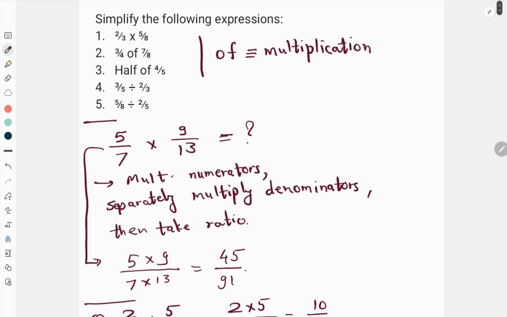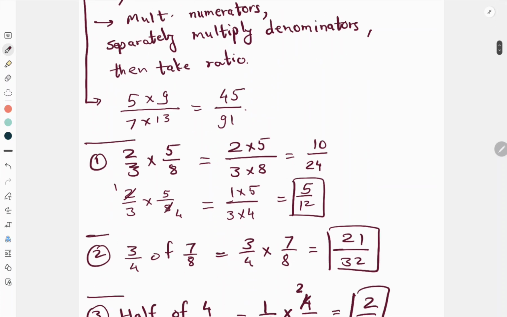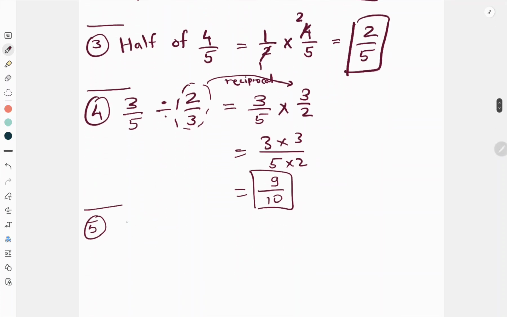Let's do one more of this type. 5/8 divided by 2/5 is equal to 5/8 times 5 divided by 2. We only always multiply, we never divide.